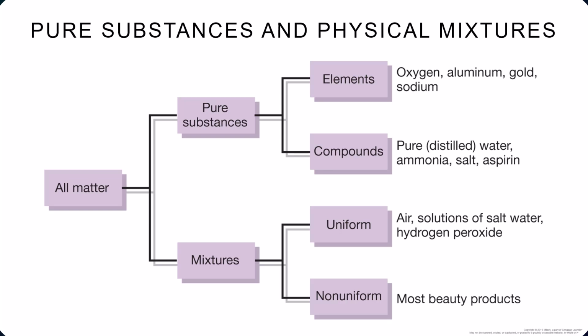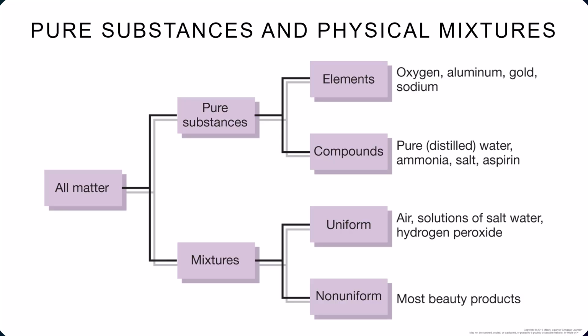And also table salt, so sodium chloride, one sodium atom per one chlorine atom makes up the NaCl or table salt. And again, any differing amounts of atoms, like an extra chlorine atom per one sodium atom, would be a completely different substance, and it would no longer be salt.